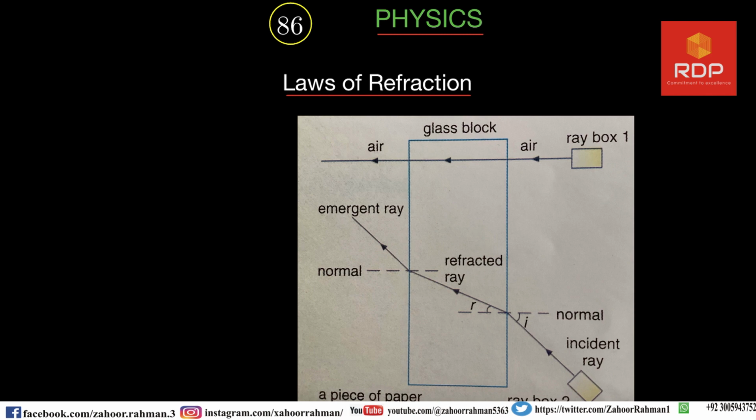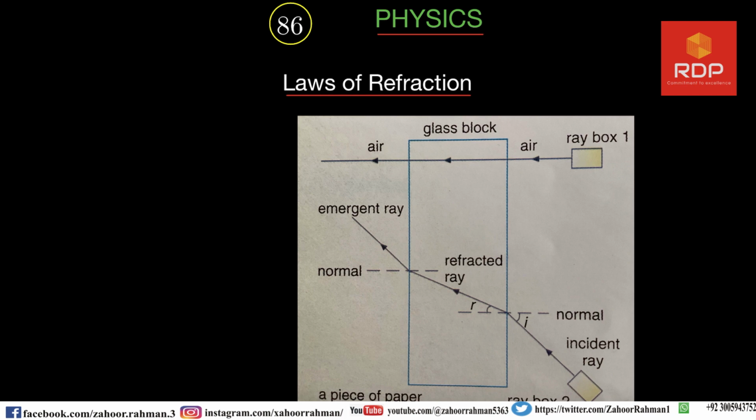I hope everyone will be all ears when I give my important lecture on the laws of refraction. So let's get started. Before summarizing the two laws of refraction, let us first perform an experiment which will pave the way for those two laws. In this experiment, we will need the following instruments.